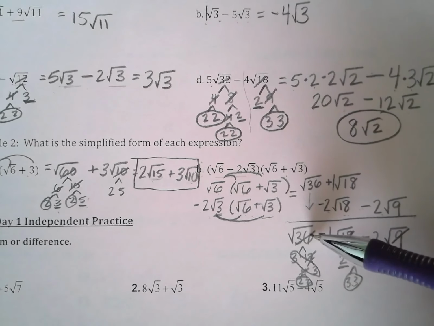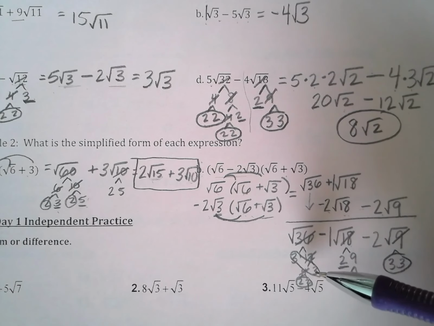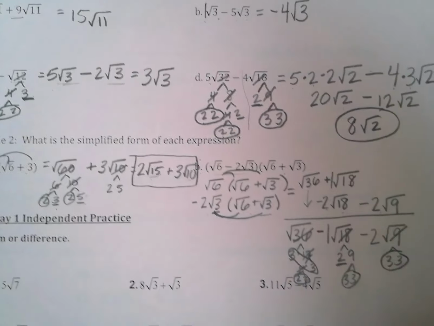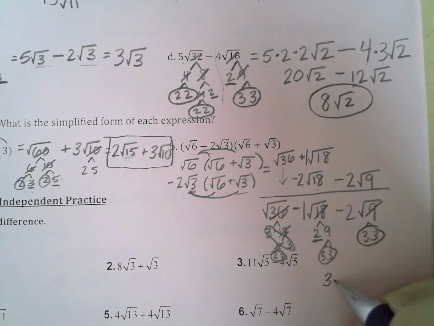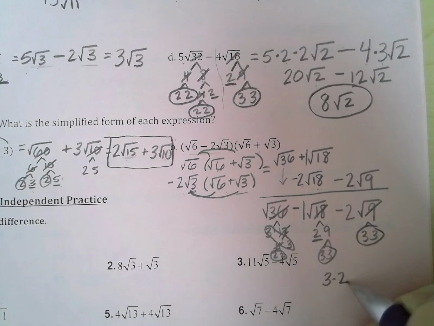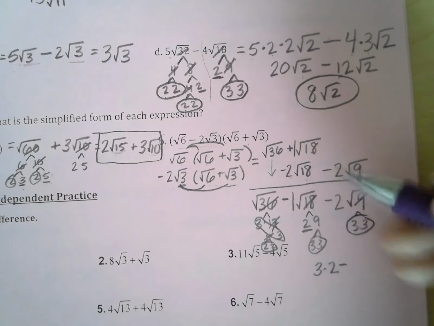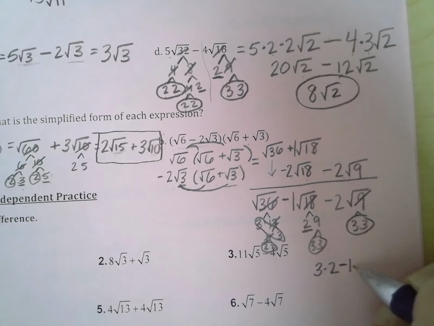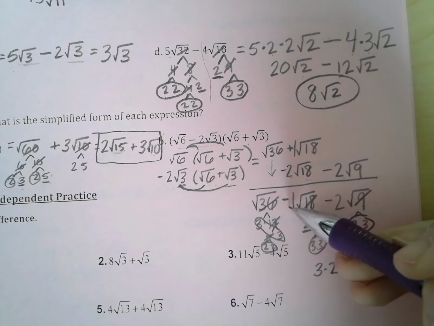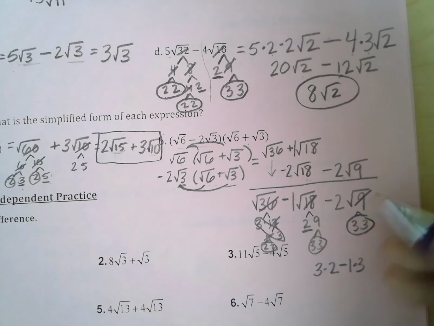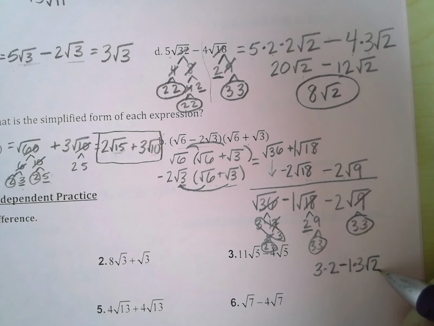So for this first one, I have circled a pair of 3's and a pair of 2's. So 3 times 2. For this middle one, I'll have a minus still. 1 times 3 on the outside, 1 from here, 3 from the circle, with a square root of 2 left behind.